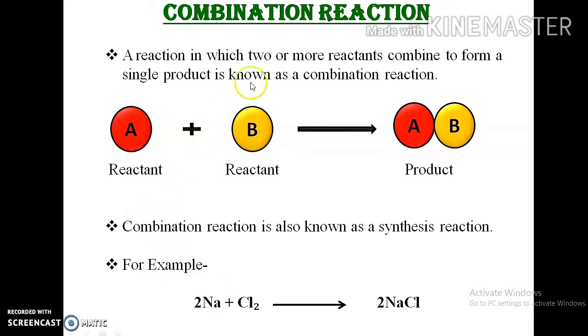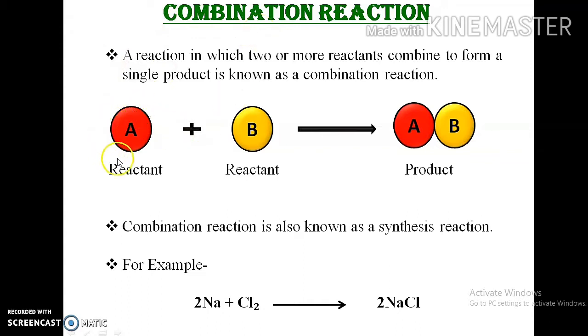A reaction in which two or more reactants combine to form a single product is known as a combination reaction. From the name itself, combination means to combine, to join or to synthesize. So you can easily understand by the name what type of reaction it is.